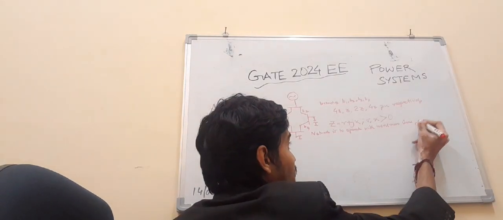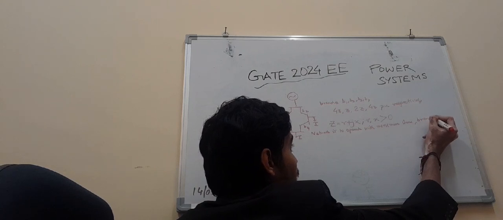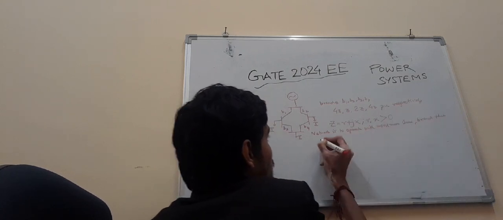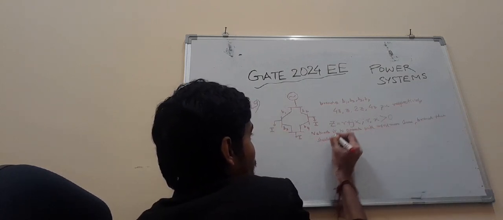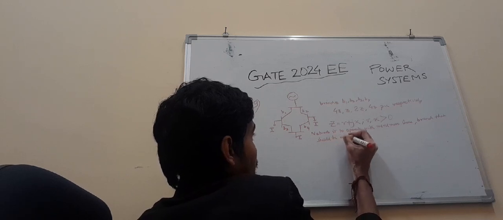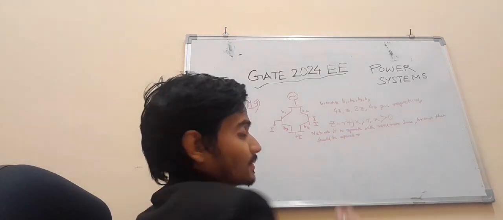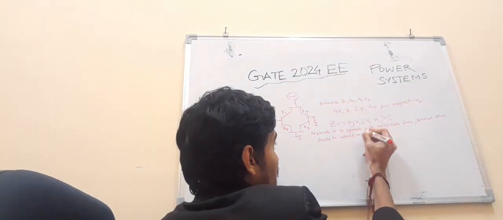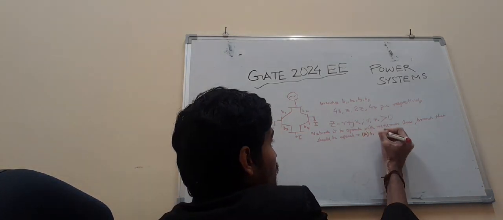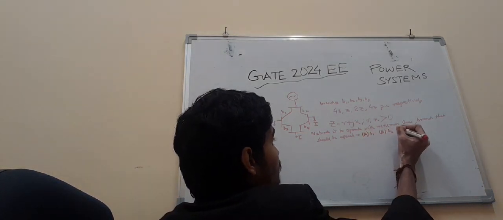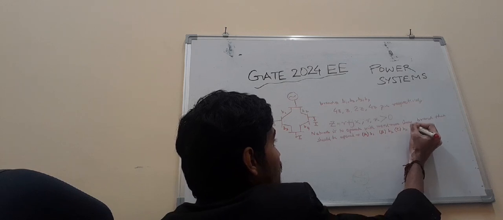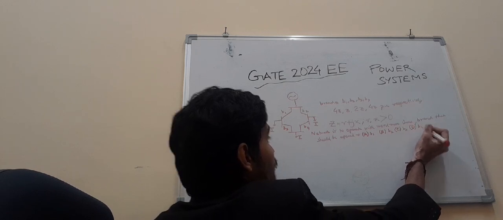Branch that should be opened is? The options are A B1, B B2, C B3 and D B4.